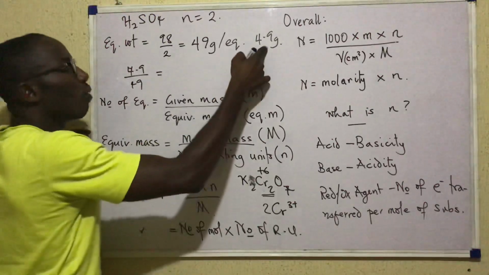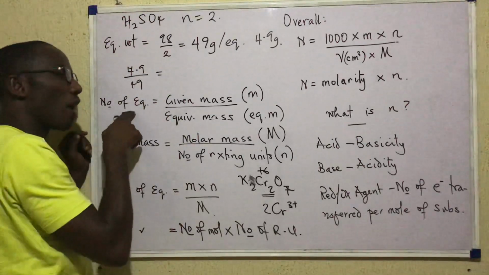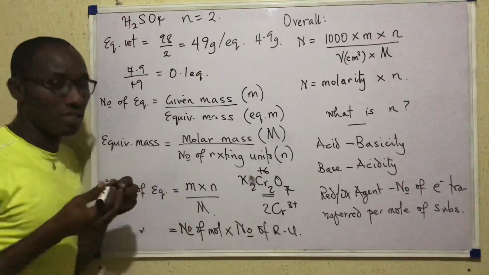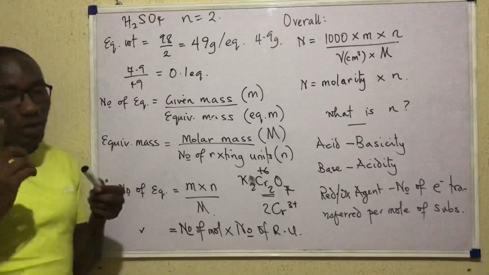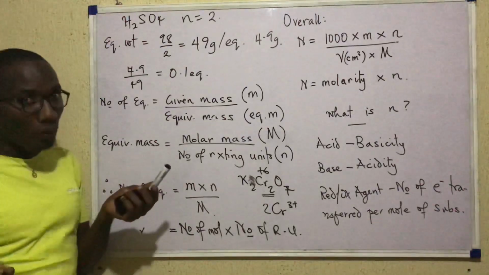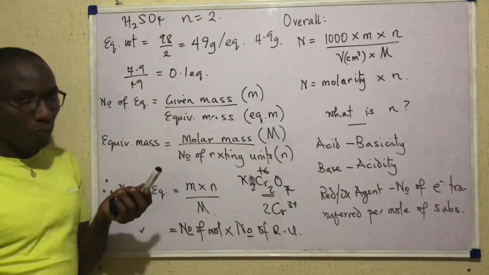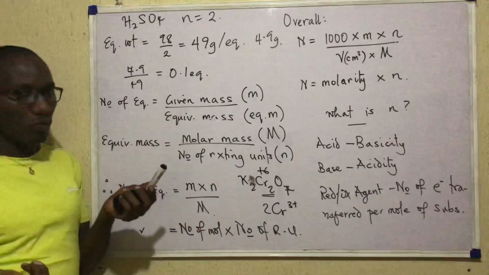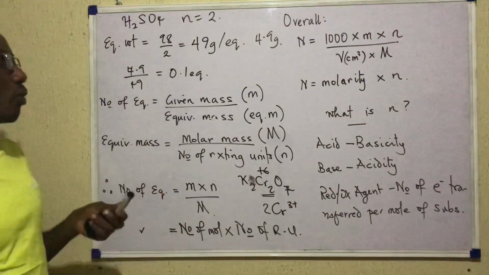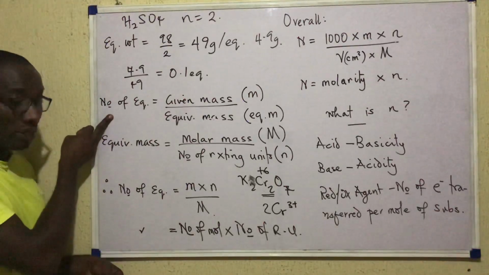That means 4.9 grams of H2SO4 corresponds to 0.1 equivalents. And it makes sense because 1 equivalent is 49, and 49 divided by 10 is 4.9. So if 1 equivalent is 49, what would be 4.9? It's 0.1 equivalent. That's how to calculate the number of equivalents, all right?